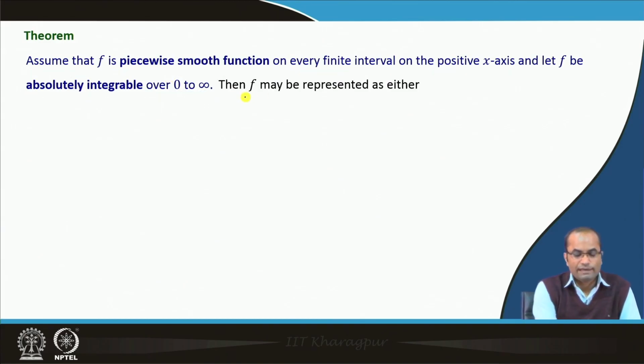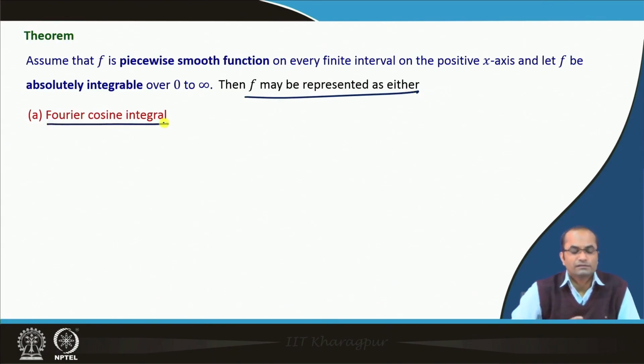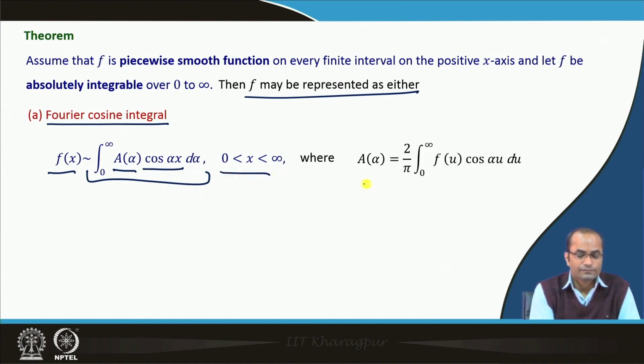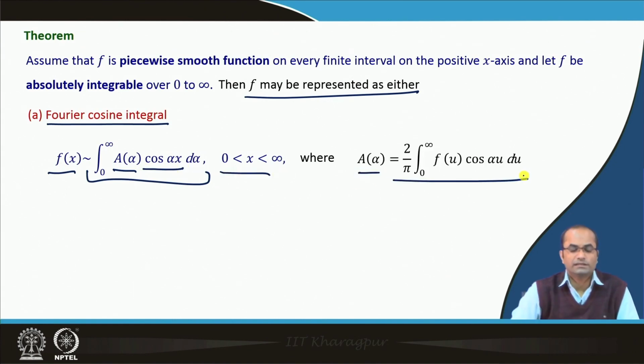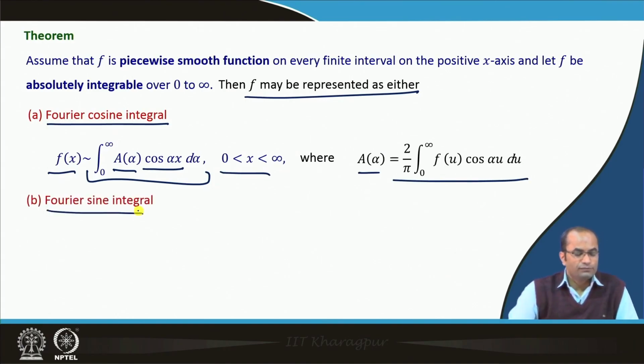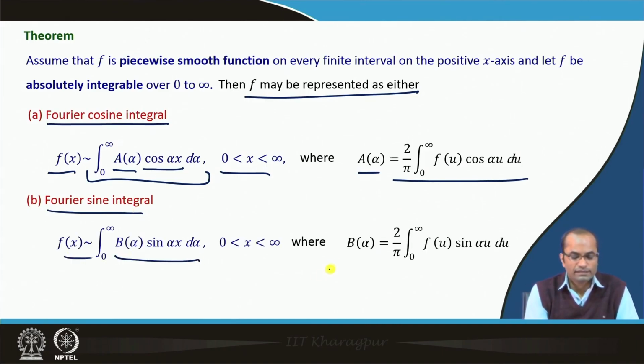Then f may be represented either by the Fourier cosine integral, that is the first possibility we have discussed, and the Fourier cosine representation is just the integral from 0 to infinity of a alpha cos alpha x, where a alpha is given by this integral. The second possibility is the Fourier sine integral, which can be written as b alpha sin alpha x, and b alpha will be given by this coefficient, 2 over pi times the integral from 0 to infinity of f(u) sin alpha u du.